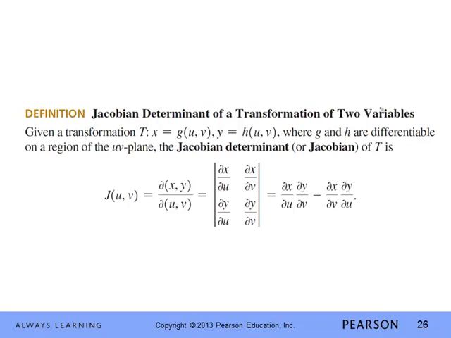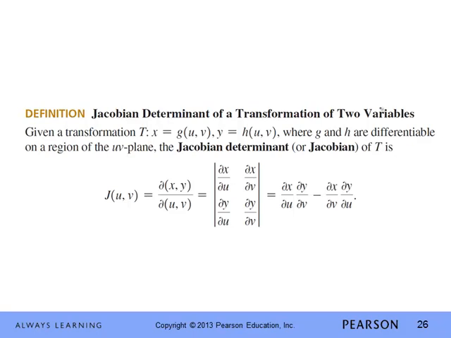And the Jacobian is basically this little 2 by 2 matrix that you're taking the determinant of. Within this 2 by 2 matrix, you have these 4 partial derivatives: partial of x with respect to u, partial of x with respect to v, partial of y with respect to u, partial of y with respect to v.